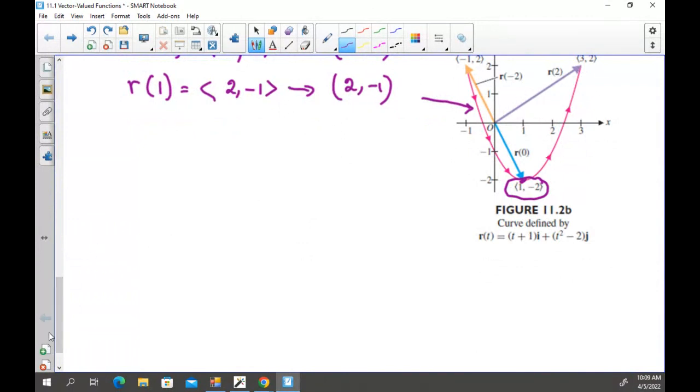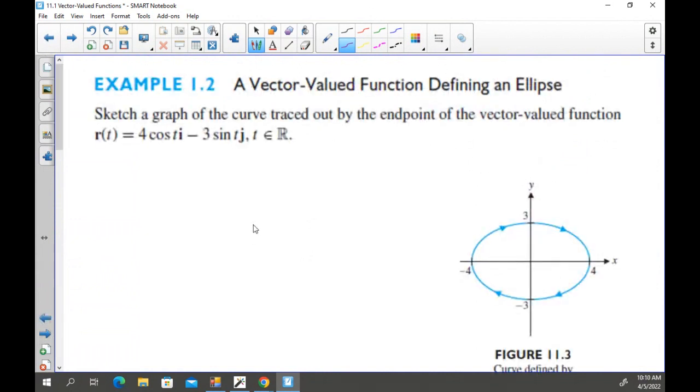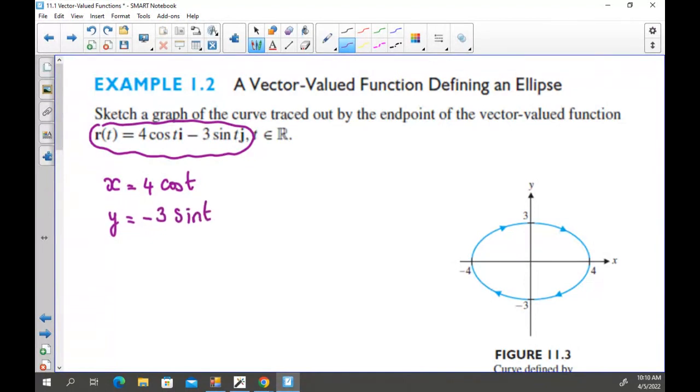Okay, so let's have a look now. Same idea. This time we have a vector valued function, which is given by this vector. This time, what is x? 4 cosine t, and y is minus 3 sine t.